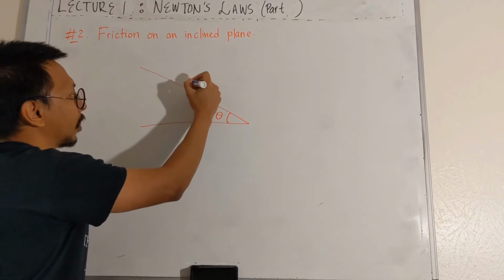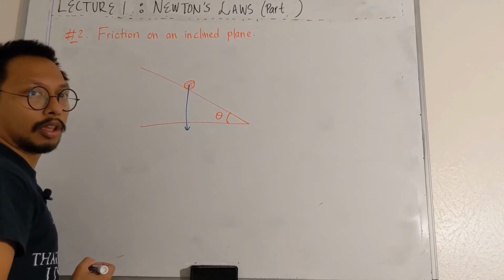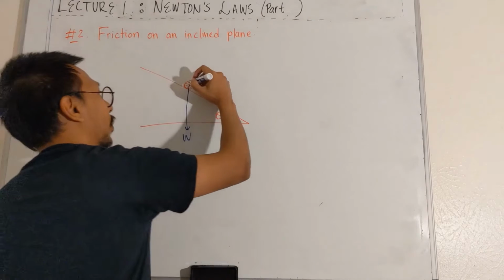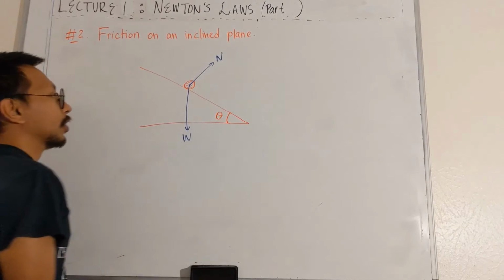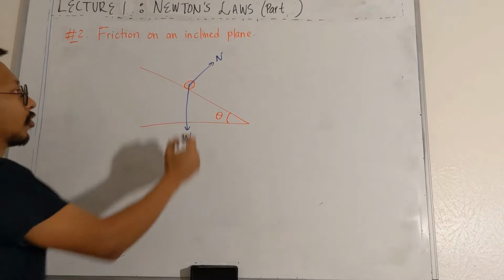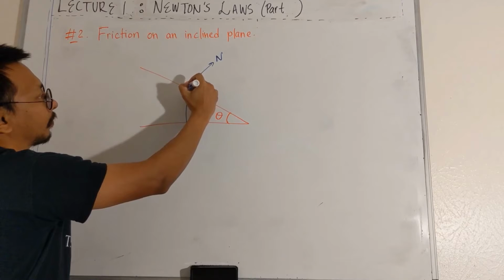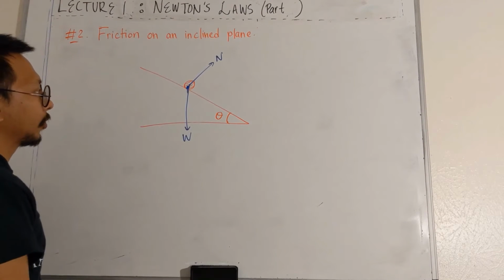We'll start with our free body diagram with the force of gravity, that is the weight, going straight down, and the normal force, which will always be perpendicular to the surfaces in contact. There's a surface, and the normal force is perpendicular to it.